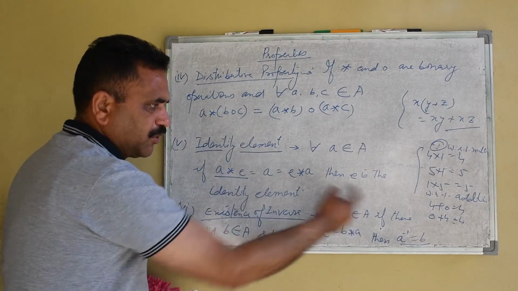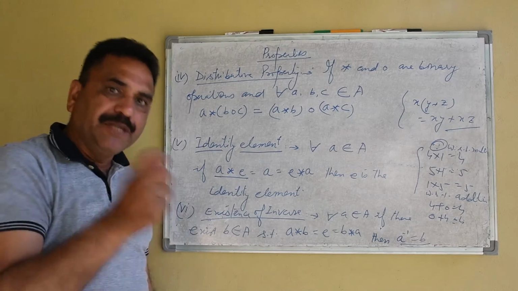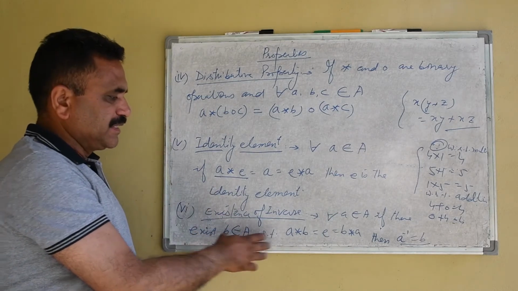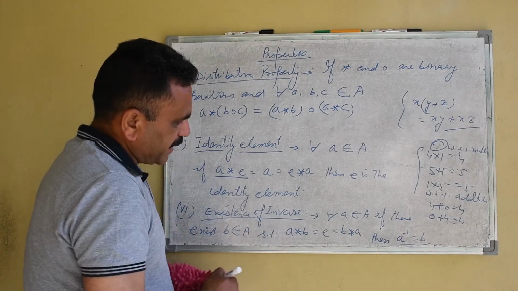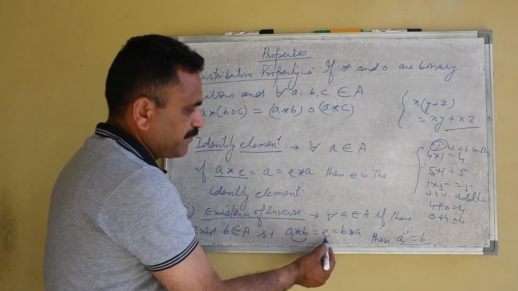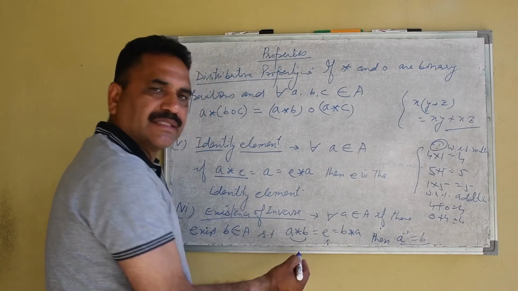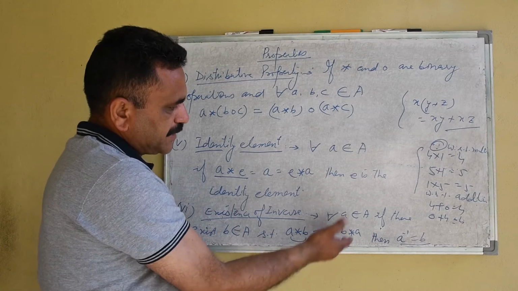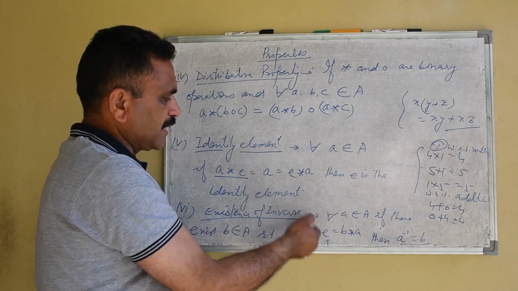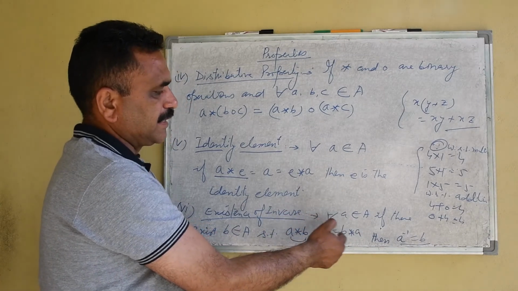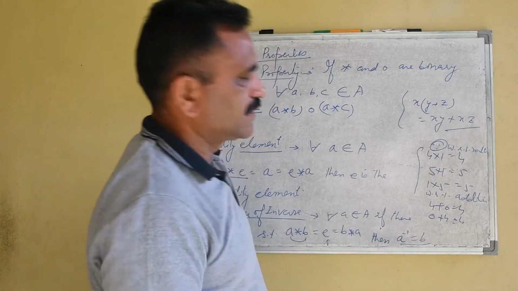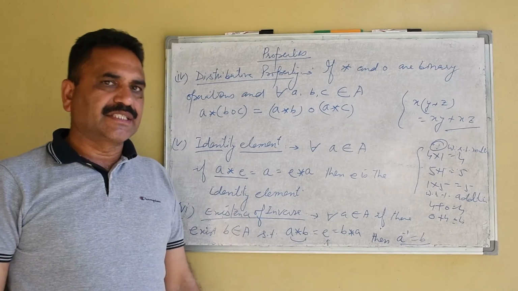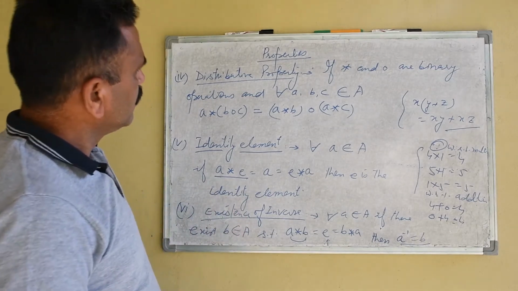For all A belongs to A, if there exists another element B in the same set such that when we operate A with B we get the identity element, and also when we operate B with A we get the identity element, then A inverse is equal to B. That means the inverse of A exists and it is equal to B.